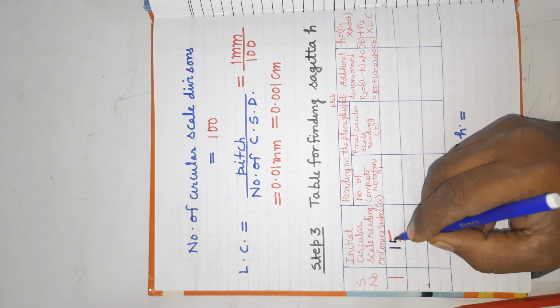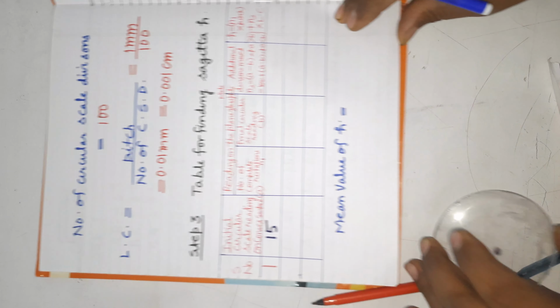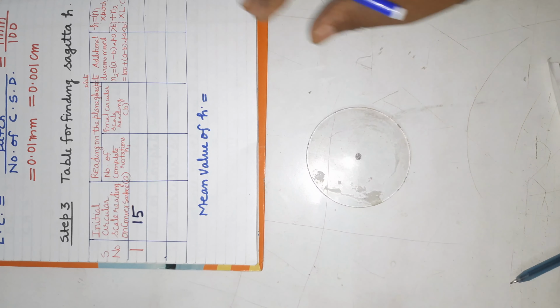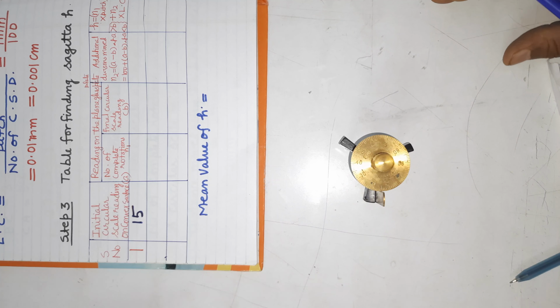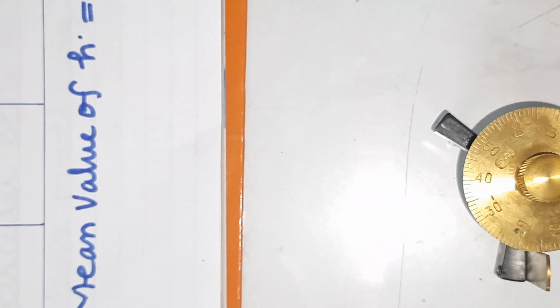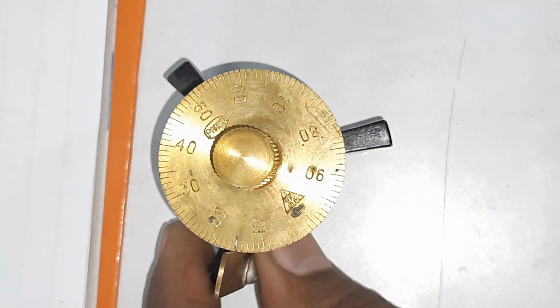Reading of circular scale is 15th division. Now after that what will you do? You remove the convex surface and place it above the plane surface. Convex surface has been removed and it has been placed above the plane surface. Now I am marking more.